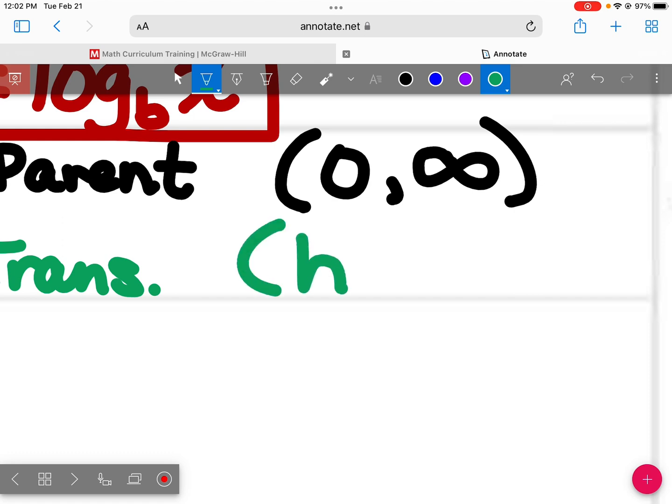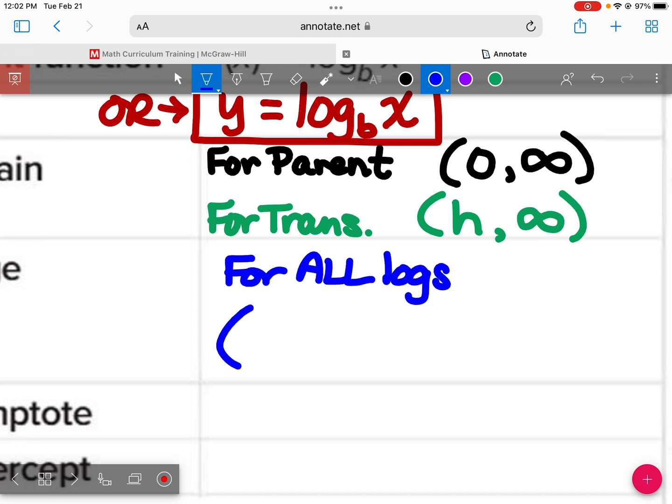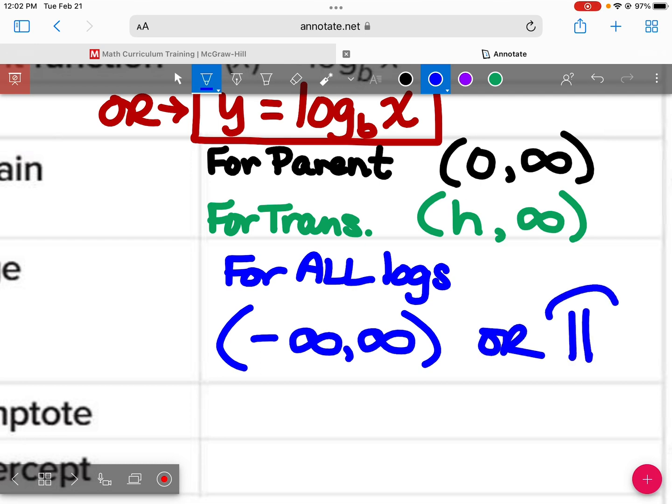Yes, h to infinity. What is my range for all logs? For all logs, they all have the same range. Yes, negative infinity to positive infinity. Or I can write that with that weird R symbol.